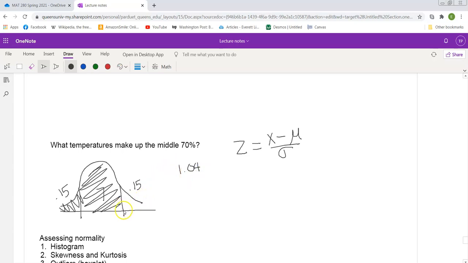And we've got two different values here, and when you're stating them as z's, it doesn't matter. But if you're going to plug them into a formula like this, we need the plus or minus. So in this case, z is plus or minus 1.04.